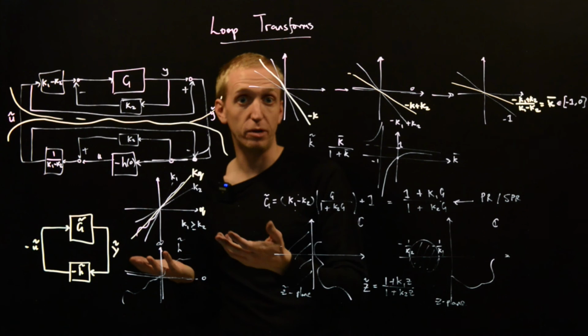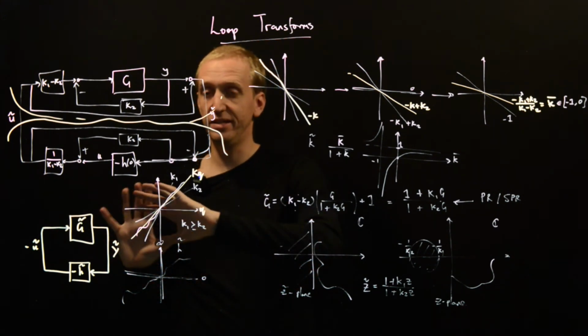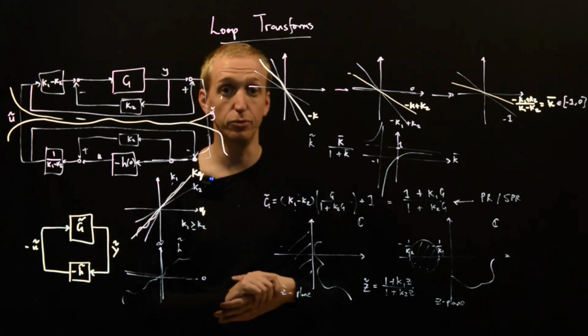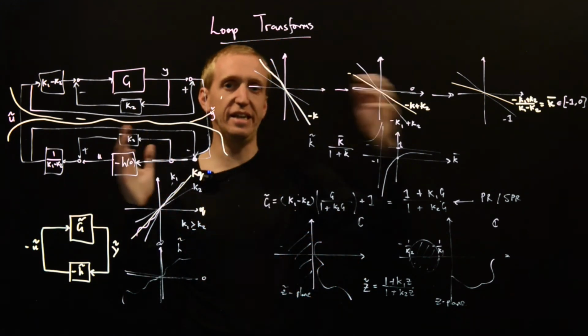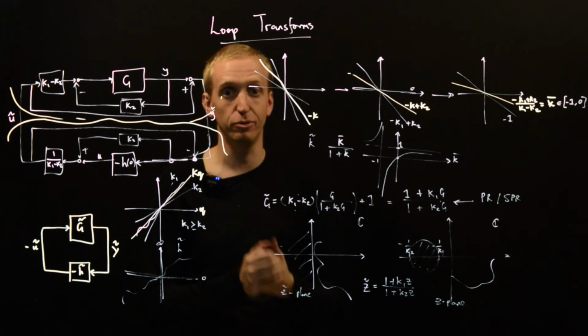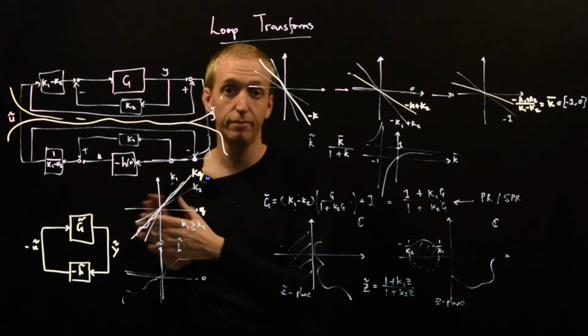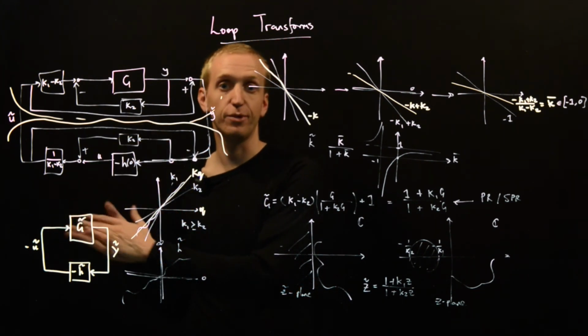And then through the KYP lemma, we're able to prove stability of this case using the Lyapunov argument that we saw before. So what we see here is a long connection between the circle criterion that we saw at the beginning and the Lyapunov material from the last lecture.